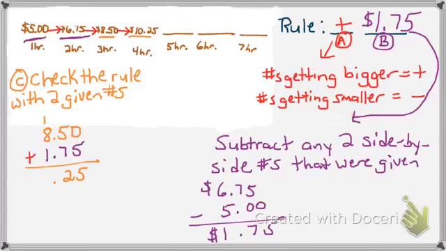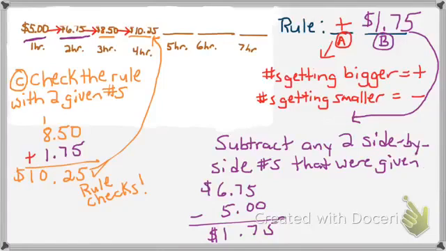Bring down my decimal. 1 plus 8 is 9. Plus 1 is 10. So I got 1025, and I see that as my second number up there, so that rule checks out. I'll use an arrow to show how the rule checks out. This 1025 is the number that it should be right up there.